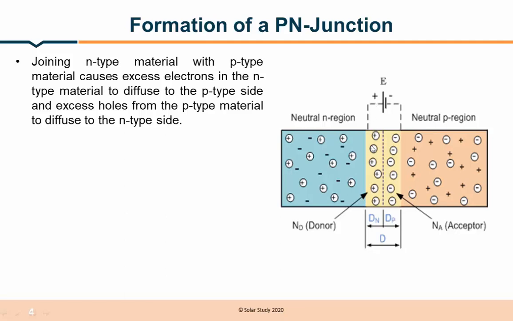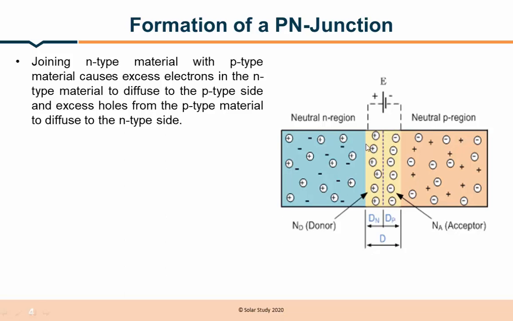At this middle region, it forms a P layer and an N layer. On the P side, more electrons are accumulated, and on the N side, more holes are accumulated. This is called the junction in the P and N material.